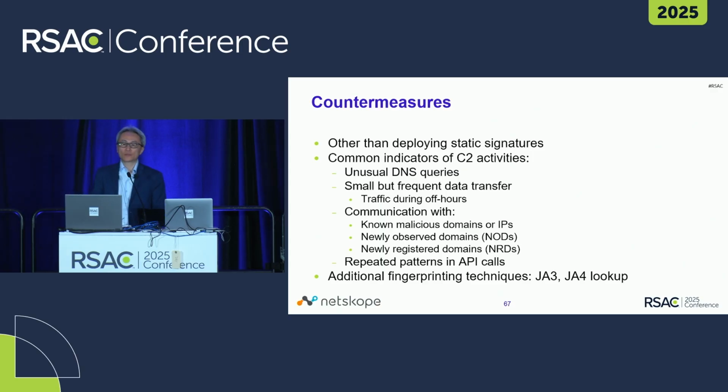So by knowing all this information, we could have some kind of remediation. Other than deploying these static signatures, we could also focus on detecting the anomalies between different protocol activities, such as DNS protocols.